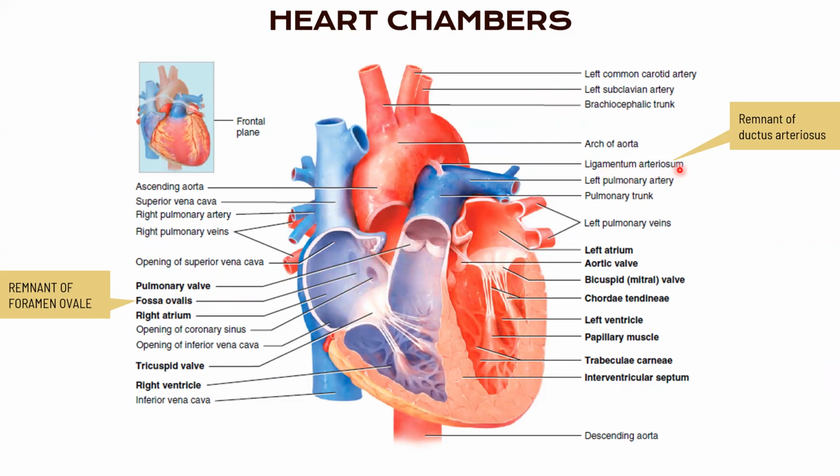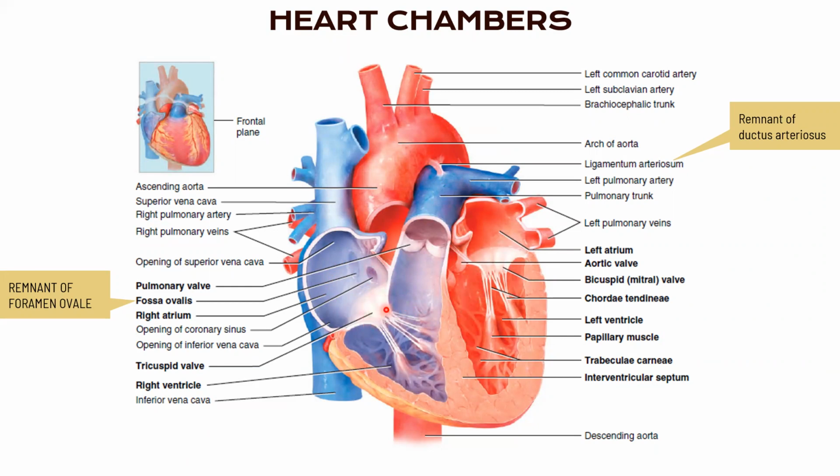The ligamentum arteriosum is a remnant of the ductus arteriosus. In the embryo, when the fetus is still inside the mother's womb, there is a connection between the aorta and the pulmonary artery. So here you can see the right atrium, right ventricle, left atrium, left ventricle.